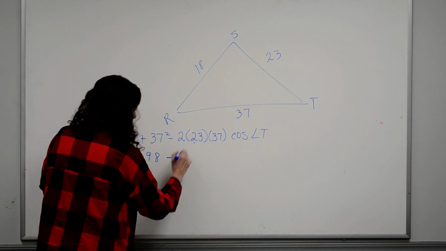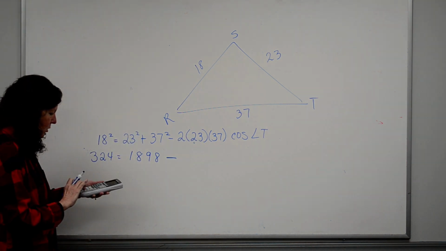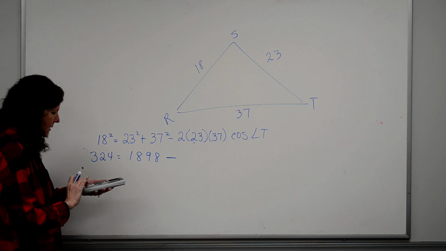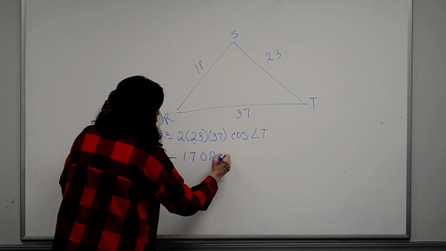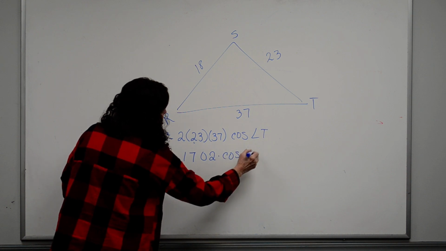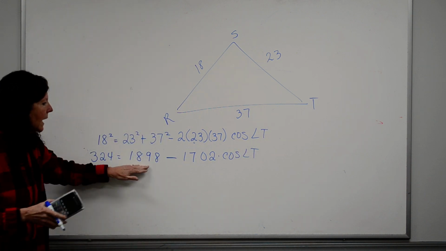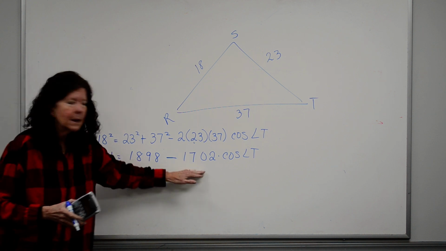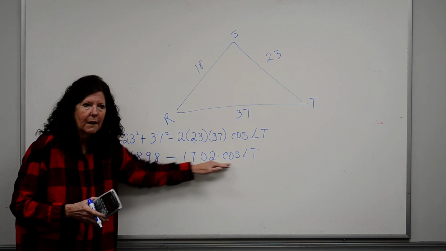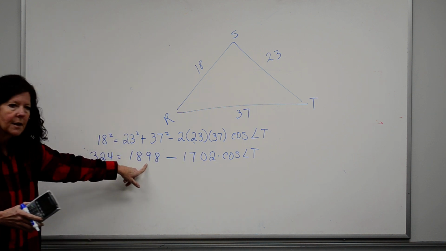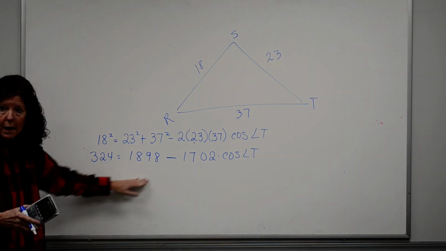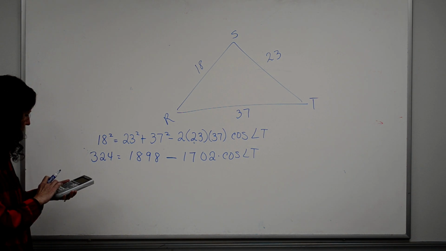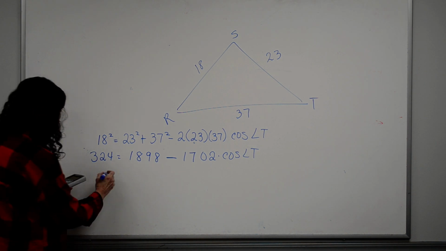Then I'm going to do that. 2 times 23 times 37 is gonna give me 1,702 times the cosine of angle T. Now, I cannot do that because this right here is multiplied by that. So I have to get rid of this first. What am I gonna do? I'm gonna subtract it, right? So I have 324 minus 1,898.